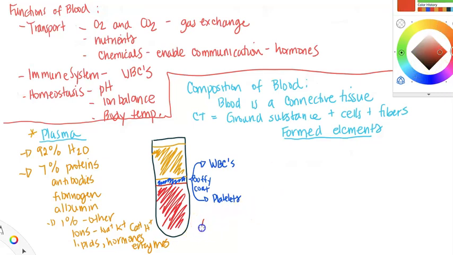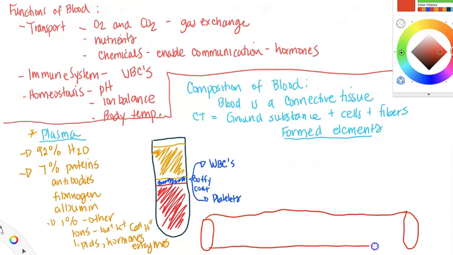So if we look at a blood vessel, those things can be found floating in there. So blood is going to look like this, basically. You've got, these are antibodies, so that's proteins.